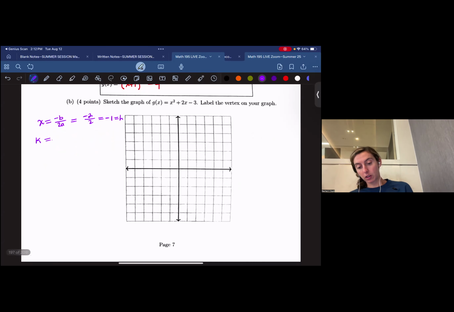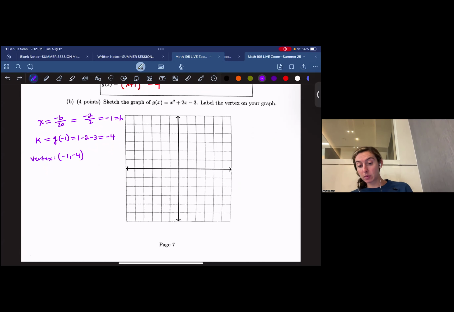But I'll show you how that's the case by just plugging it back into your function. 1 minus 2 minus 3 gives you that negative 4. So our vertex is just simply negative 1 comma negative 4.